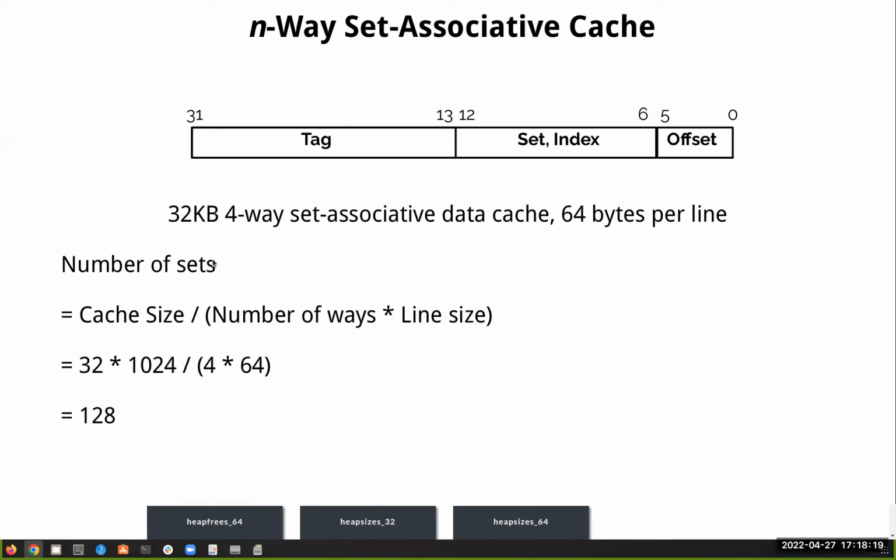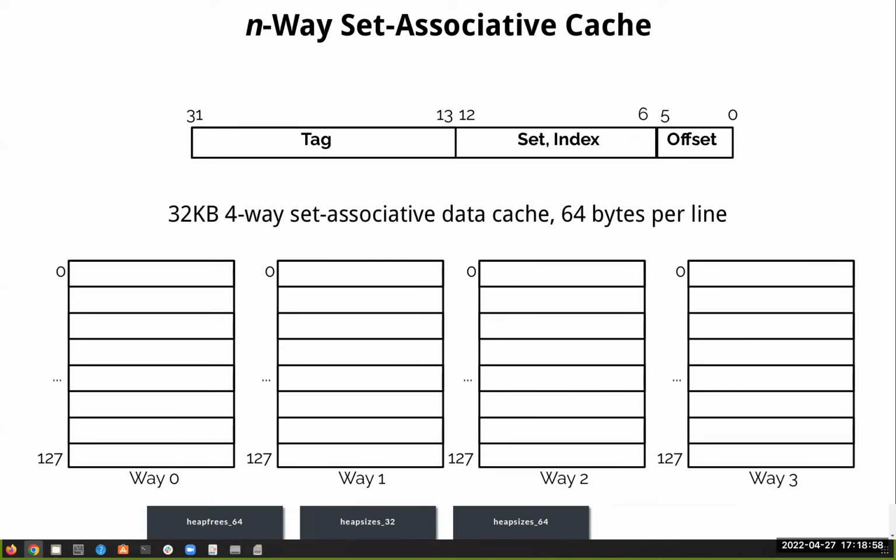Using this equation, we can compute how many sets we need for this cache. The cache size in total is 32 kilobytes, which is 32 times 1024. The number of ways is 4. Each line is 64 bytes. If we divide the cache size by the number of ways times the line size, we get the number of sets we need in this cache design. In this case, we have 128 sets available, which means the cache is divided like this.